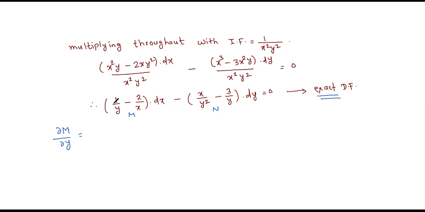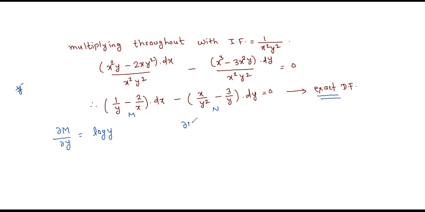So del m upon del y. What is the derivative of 1 upon y? It is log y. Minus, this will be 0 as it is a constant term.